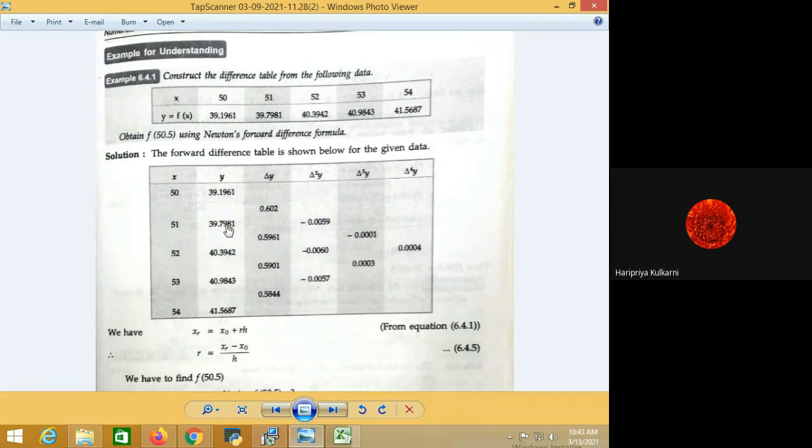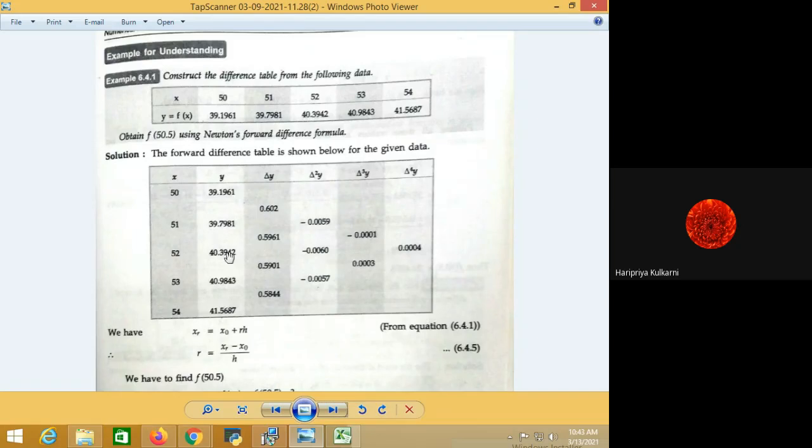So 39.7981 minus 39.1961. It will come out the same way for the rest of the values of y. This minus this is coming out as this.